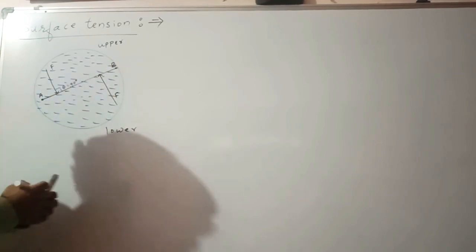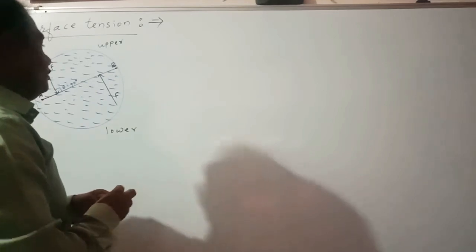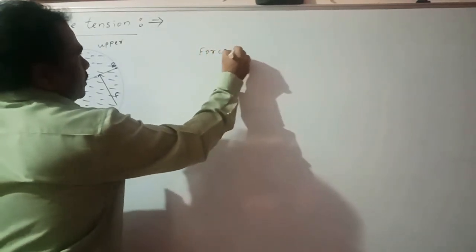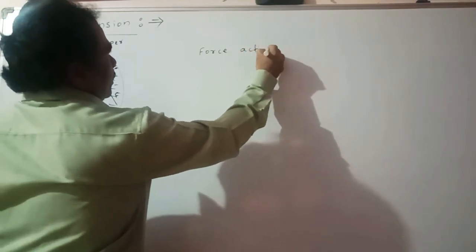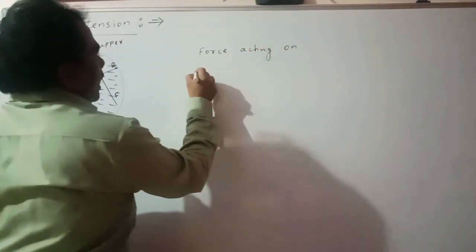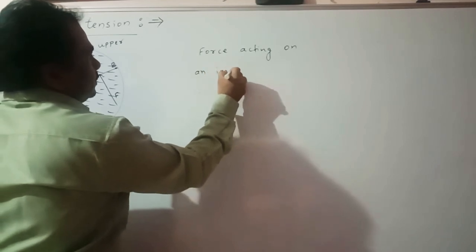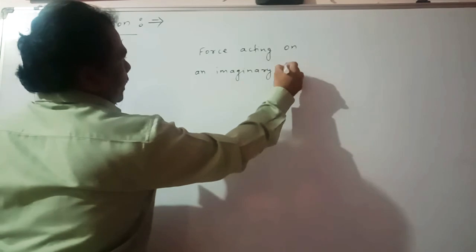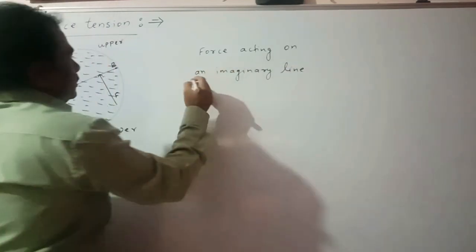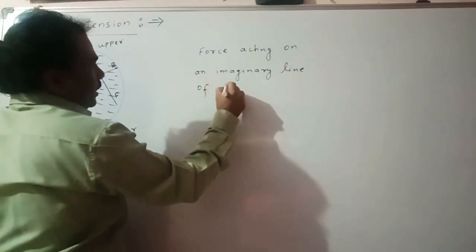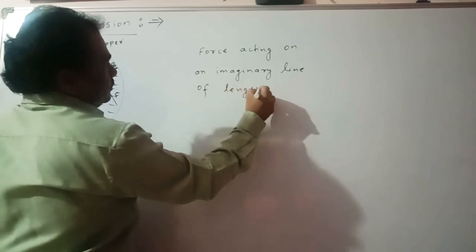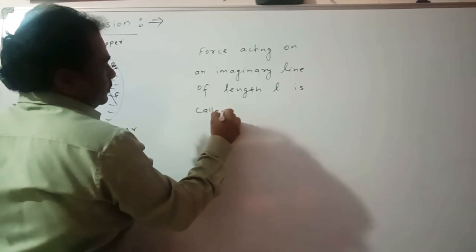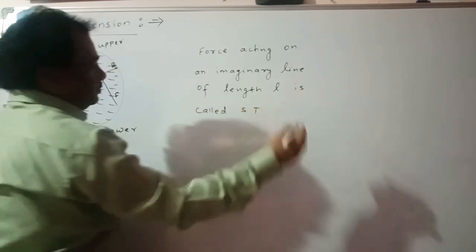So according to this, we can say that whatever may be the force acting on an imaginary line of length L is called surface tension.